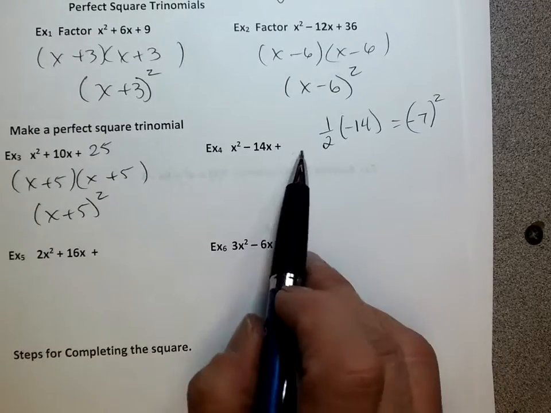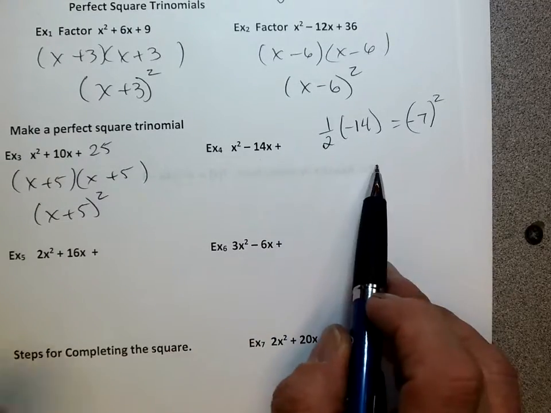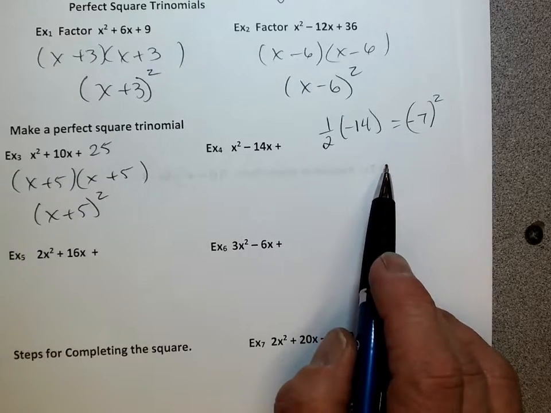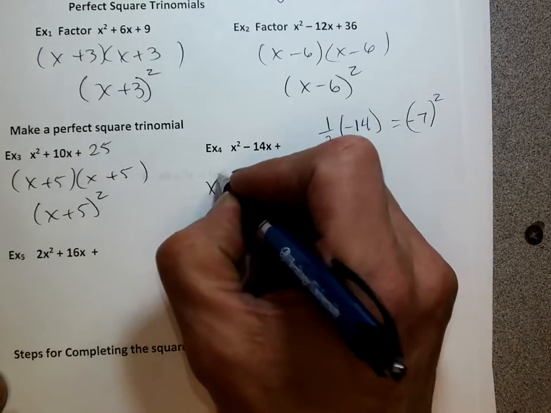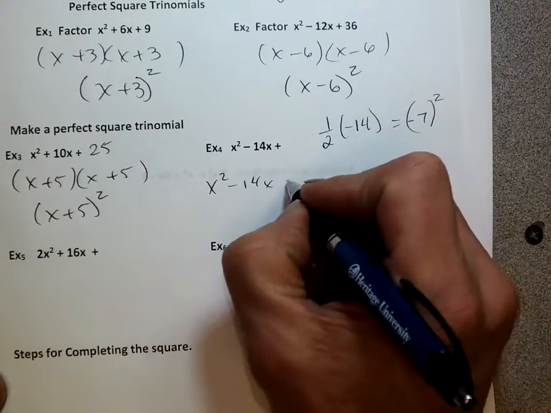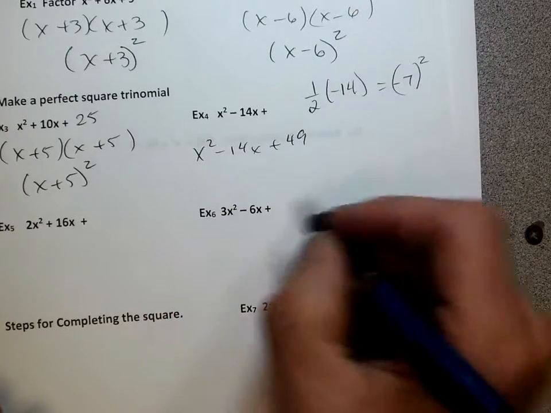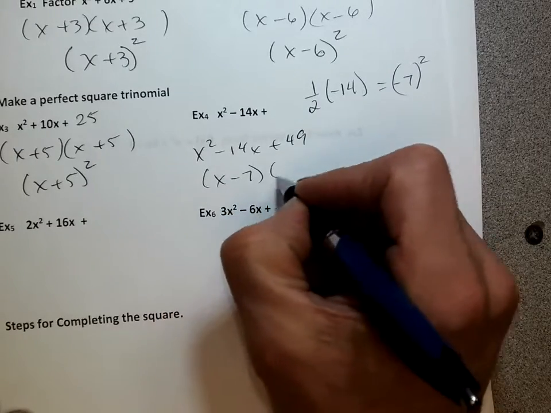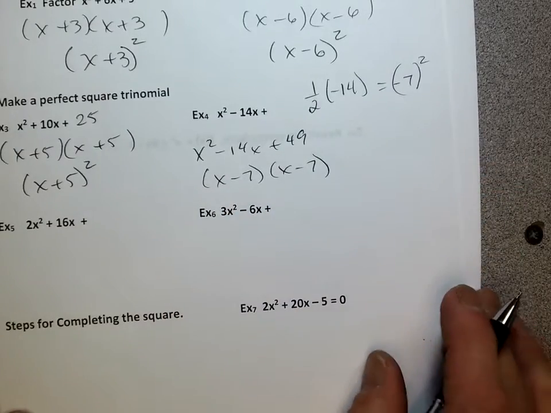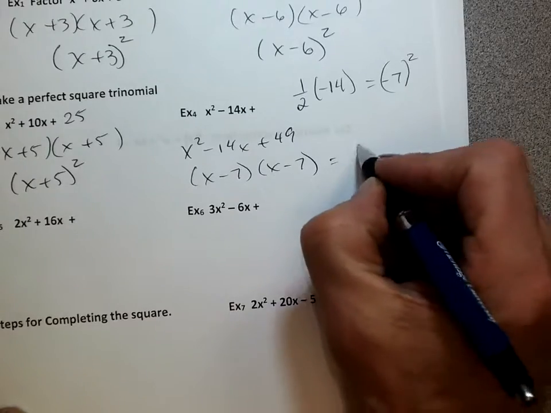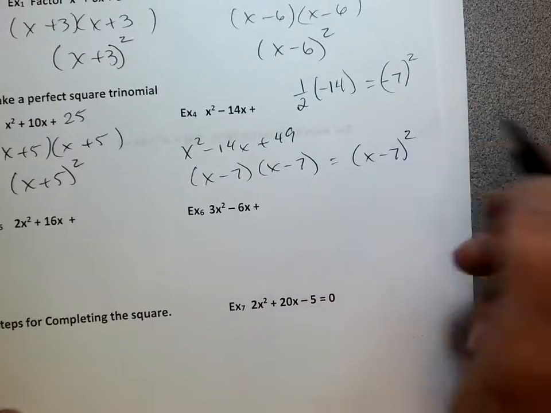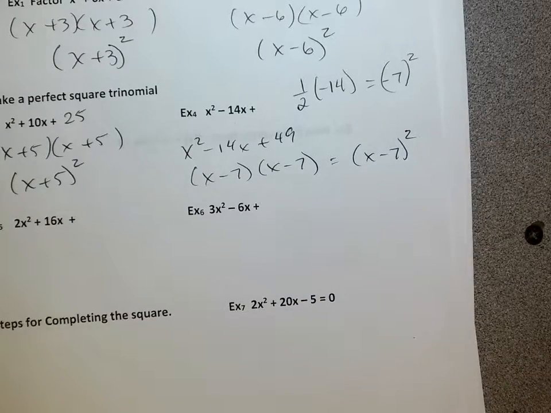So if you can see this already, you don't have to do this little rule, but the little rule will always work. Half of b squared, and I get a 49, so I'd have x squared minus 14x plus 49, and of course, that'll factor x minus 7, which we can rewrite as x minus 7 quantity squared. So we made it into a perfect square trinomial, okay?